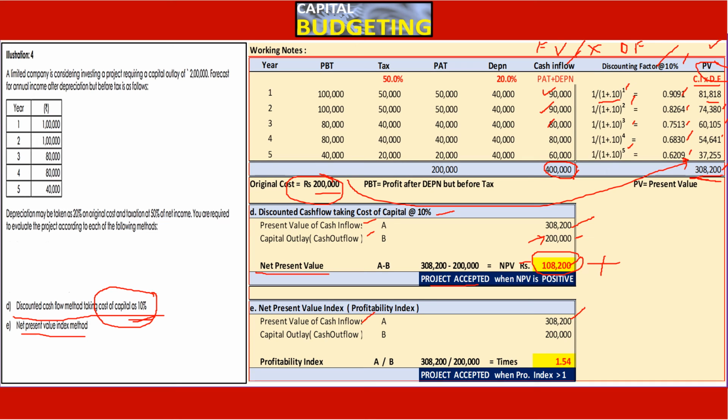What we are saying is your seed of 2 lakhs is growing to be 3,08,200, meaning how many times it is growing. It is the ratio of present value of future receipts divided by original investment. 3,08,200 divided by 2 lakhs is 1.54. The two questions are simply answered.